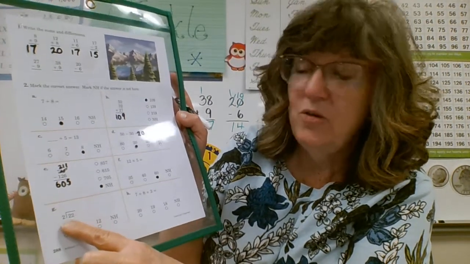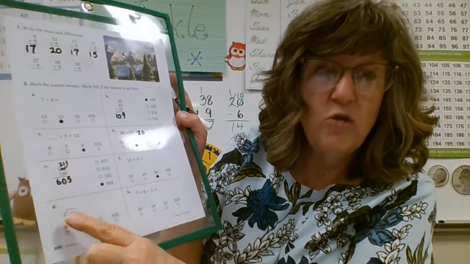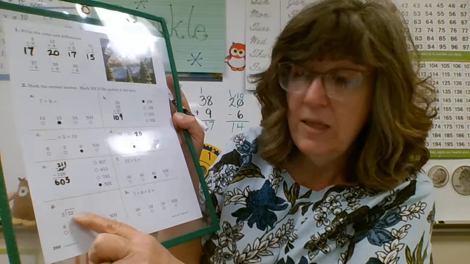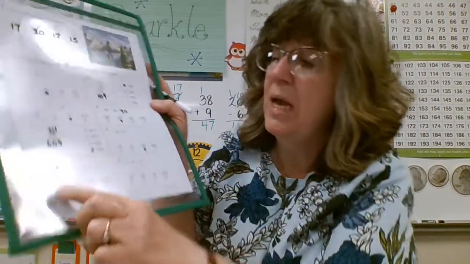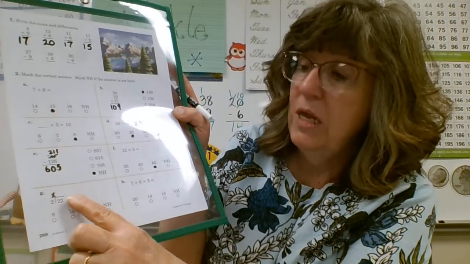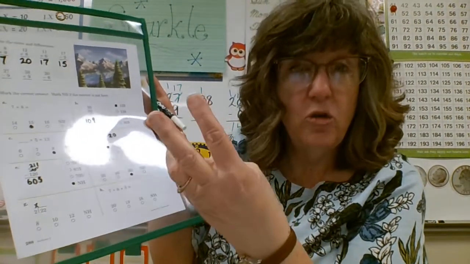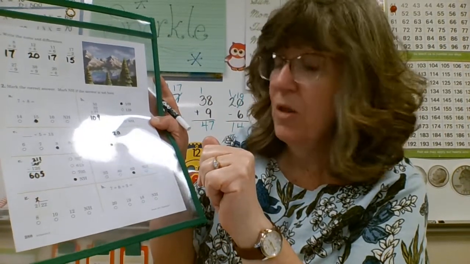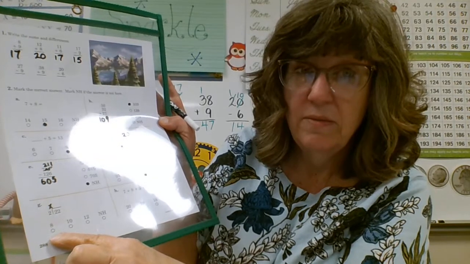Okay, 22 divided by 2. Benjamin, 22 divided by 2. 2 times something that equals 22. We're going to put that times sign up there in the corner to remind us. 2 times something that equals 22. How am I going to find that answer? Yeah, I can count by 2s, see how many fingers I have up. Or maybe you already know it. Do you know, Benjamin? Is it 2 times 8? Is it 2 times 10?